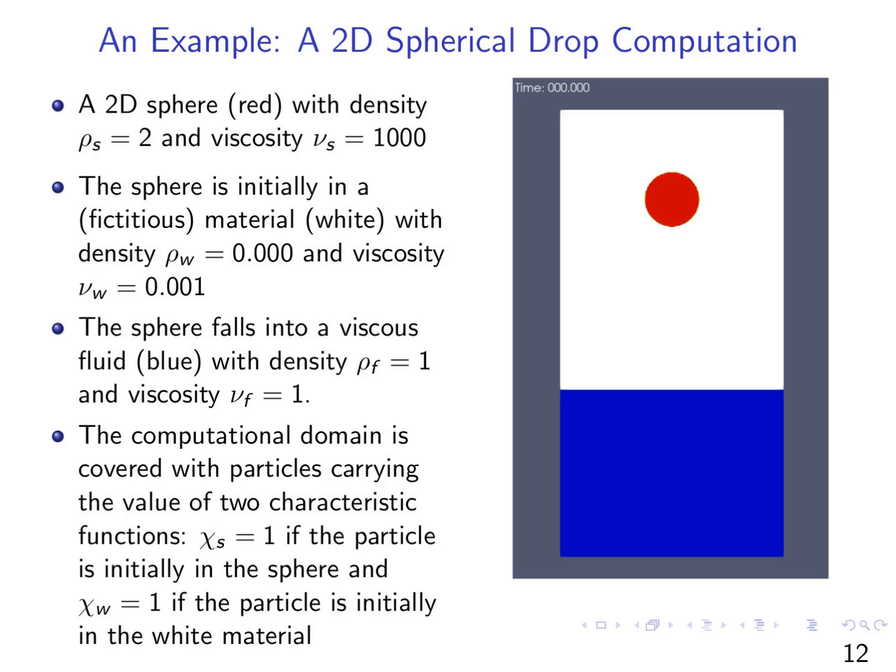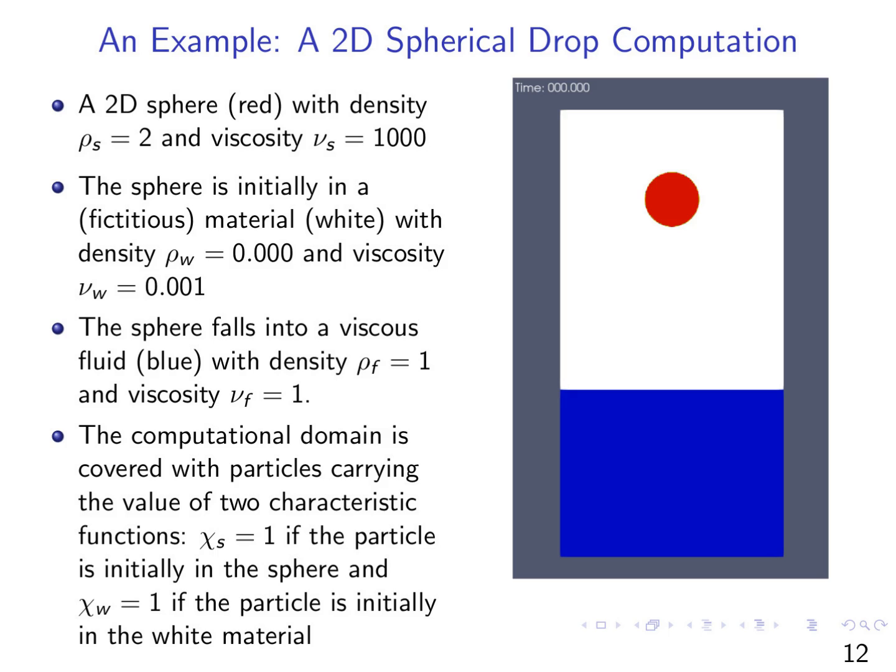The entire computational domain is being covered with particles that carry the value of 2 different functions, chi s if the particle is initially in the sphere, and chi w if the particle is initially in the white material. Both of these functions are 1 if they're in the material that they should be, and 0 otherwise.